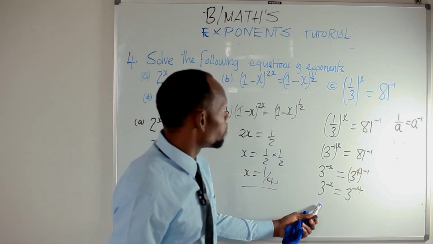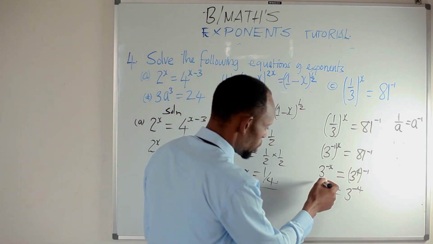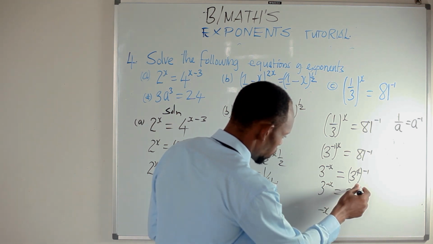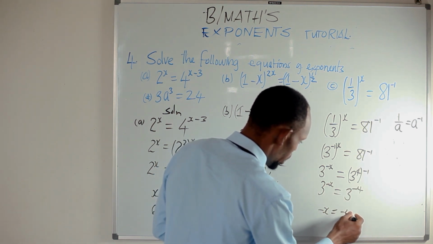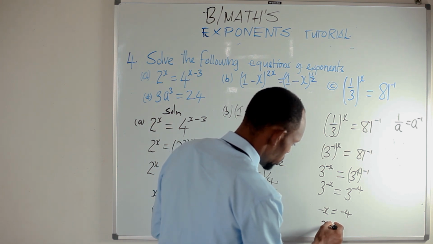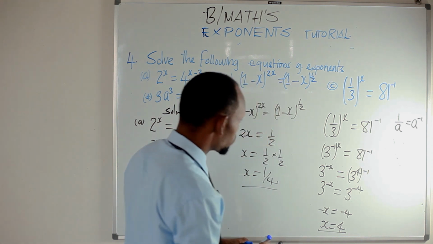Comparing the same bases, they cancel out. Now comparing the exponents, negative x is equal to negative 4. Divide by negative 1 on both sides, x will be equal to positive 4. So that is the value of x.